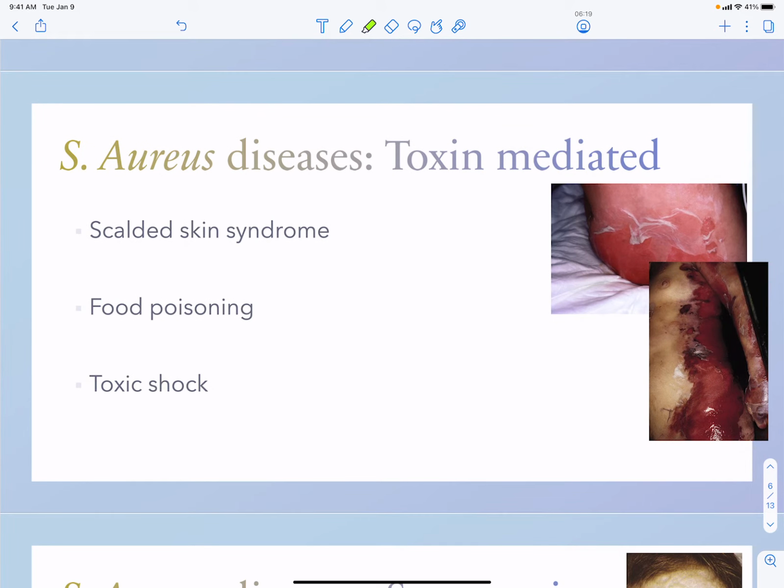So some of the diseases for Staph aureus are going to be scalded skin syndrome. This is also known as Ritter's disease, named after the person who identified it. And so it's going to start with an abrupt onset of perioral erythema, so that's redness around the mouth.